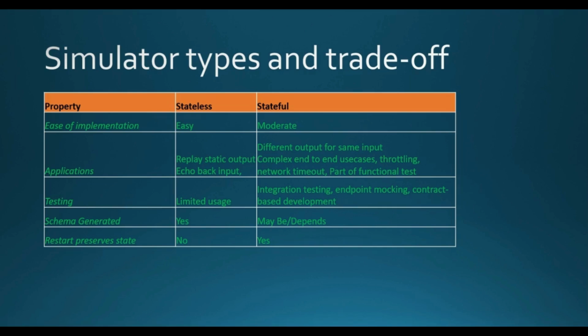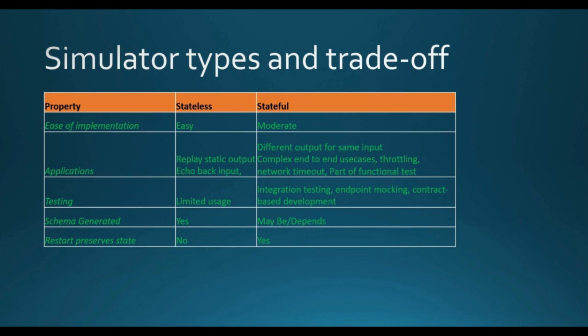Now imagine a scenario where you want to create a customer on the target application, and then you want to retrieve that customer. In that case, retrieval will not happen because the simulator itself is stateless in nature. The previous request which was sent is already lost because there is no state maintained.